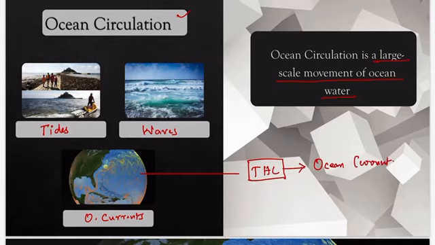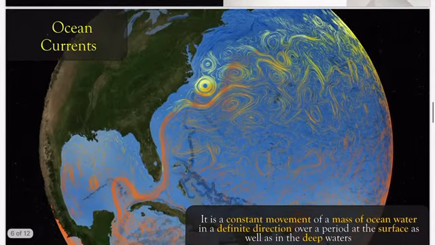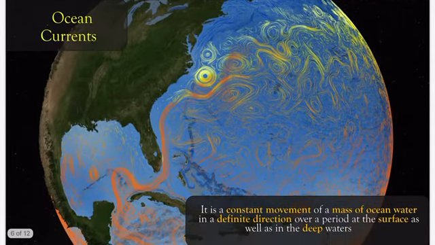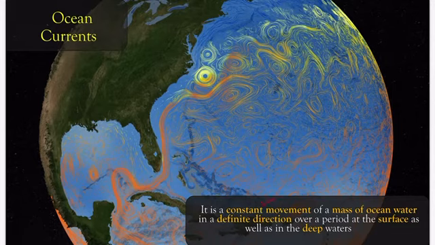We'll start with the definition of ocean currents. The definition is very clear. It is a constant movement of a mass of ocean water in a definite direction over a period of time, at the surface as well as in the deep ocean waters. We have to be very careful in picking the keywords within the definition.